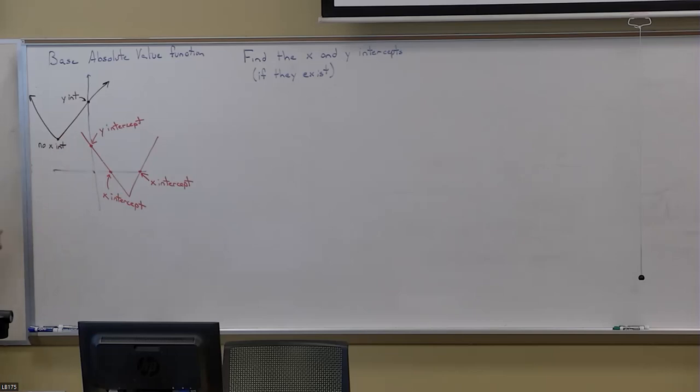So if we take our absolute value function reflected across the x-axis, move it over, I get my x-intercept in one spot, and then eventually it'll hit a y-intercept over here.